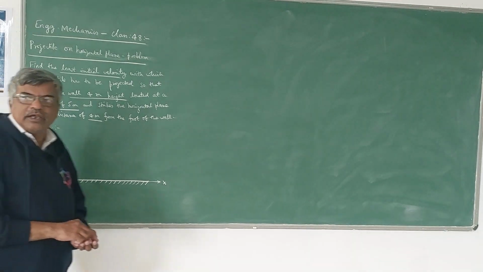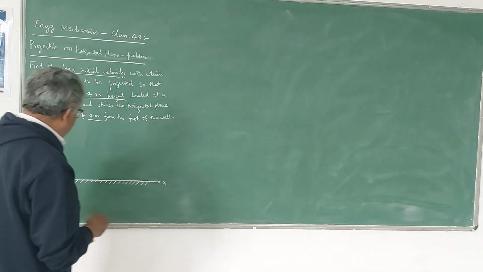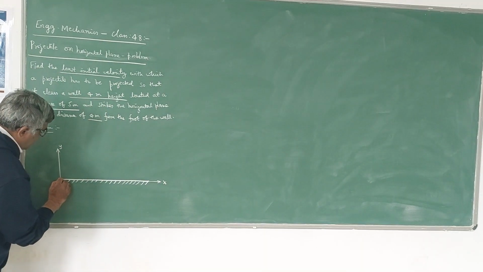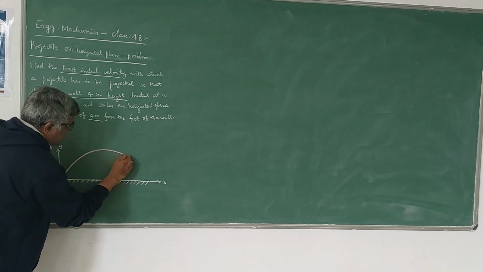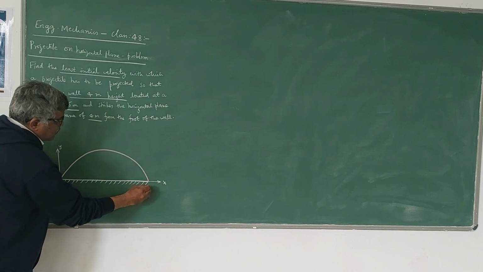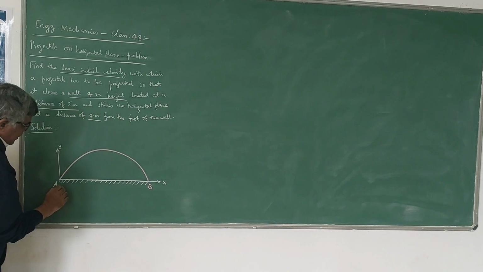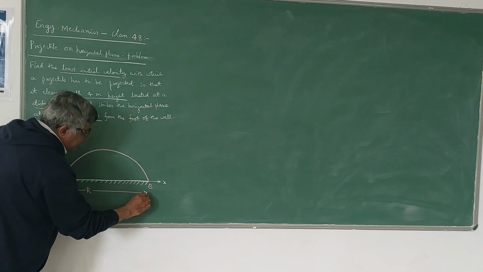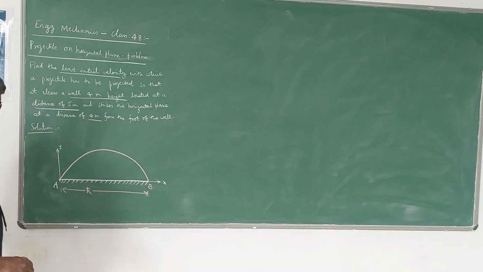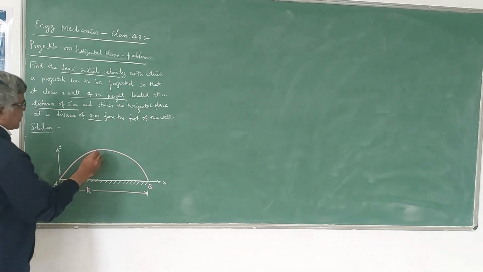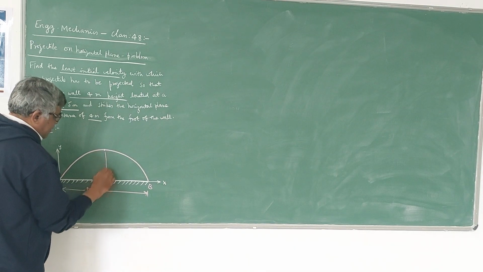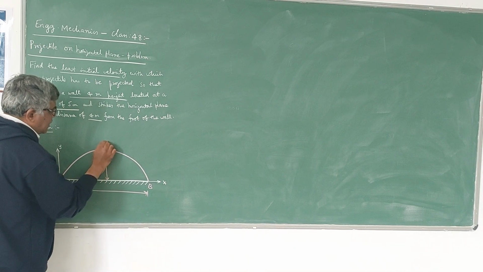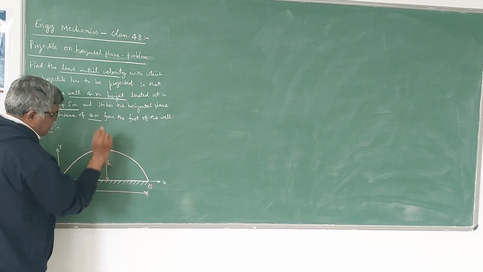As you know, the trajectory of a projectile is a parabola. So it will be like this. So this I take as B. This distance from A to B on the horizontal plane is nothing but range. R is the range, and the maximum height reached by the projectile is h.